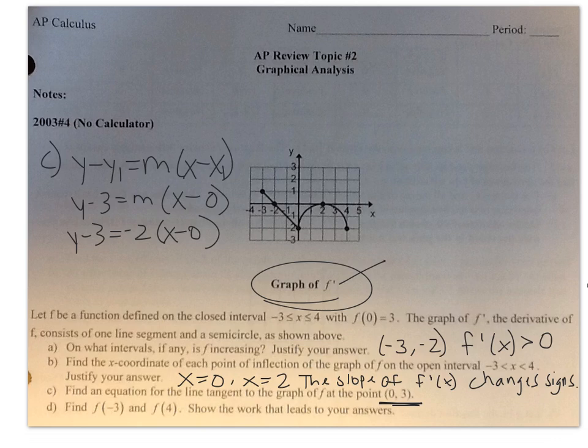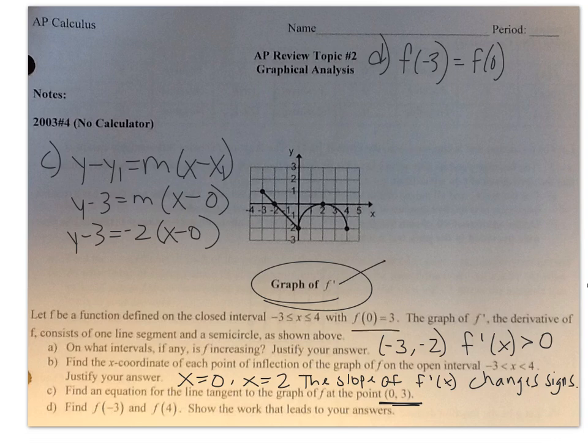So for part D, I'm going to do that work up here. They want you to find f of -3. So I want to know, what is the actual point on the graph when x is -3? What's the y-coordinate there? So the way I'm going to find that is I'm going to start with my starting value. I know f of 0 happens to be 3.